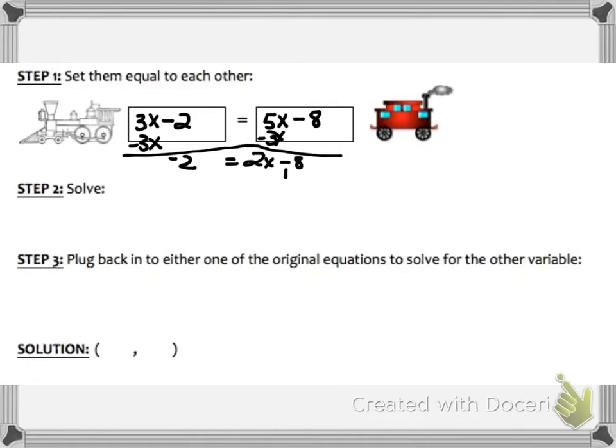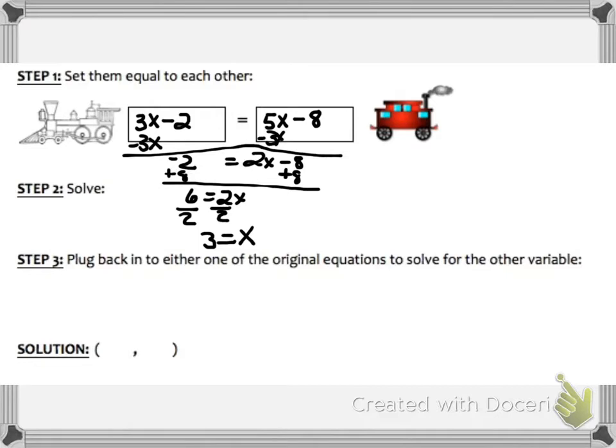I'm going to add 8 to both sides. And we're going to get 6 is equal to 2x, divide by 2, divide by 2, and we're going to find that my x value, where these two equations are the same, is when x is 3.